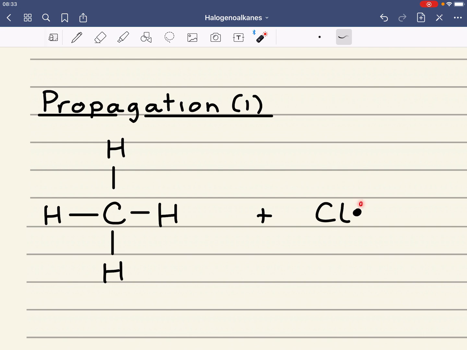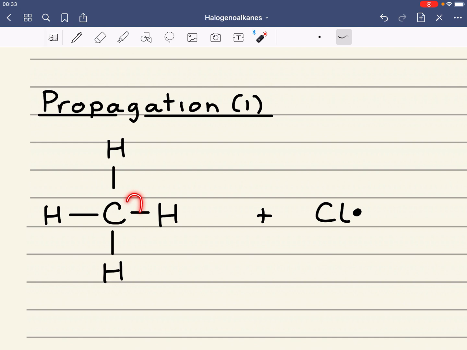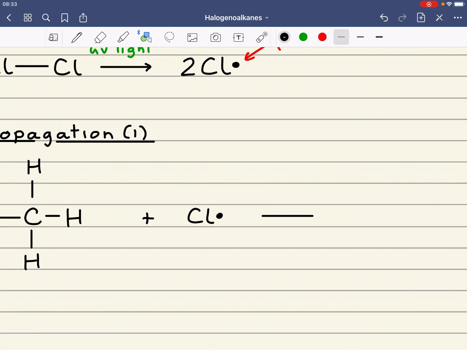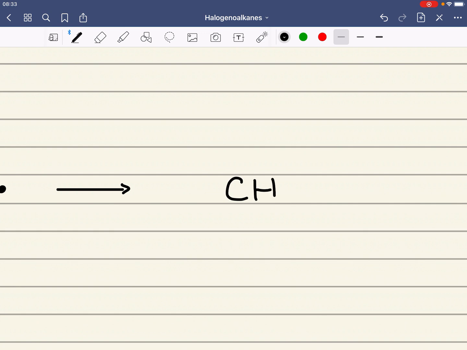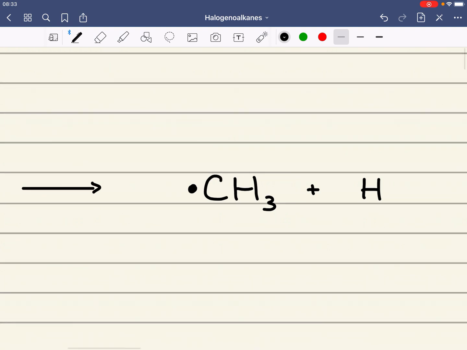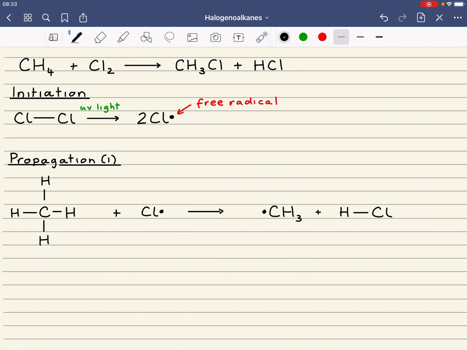The other electron goes to the carbon and forms a new radical. So we get a CH3 radical plus HCl. We've got to remember that the first propagation step will always form HCl if your halogen is chlorine.